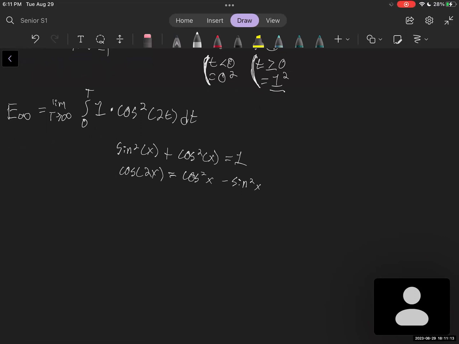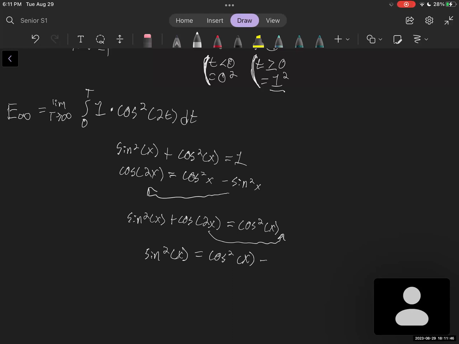So if you rearrange this bottom equation, so you move the sine squared over to the left side of the equation, you get sine squared of x plus cosine of 2x is equal to cosine squared of x. And then you subtract this cosine over. You're going to get sine squared of x is equal to cosine squared of x minus cosine of 2x.